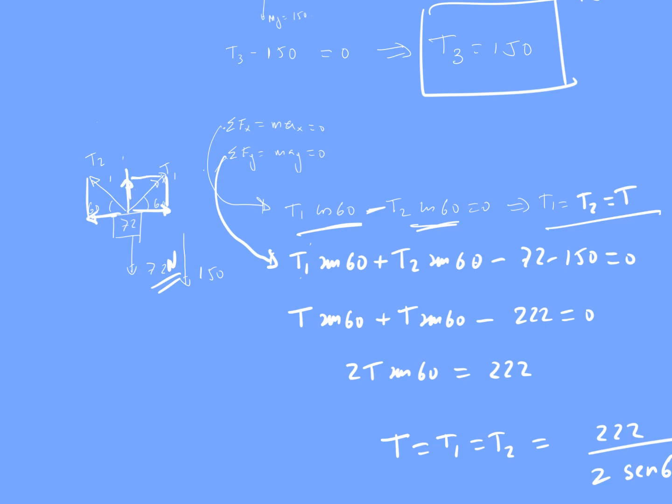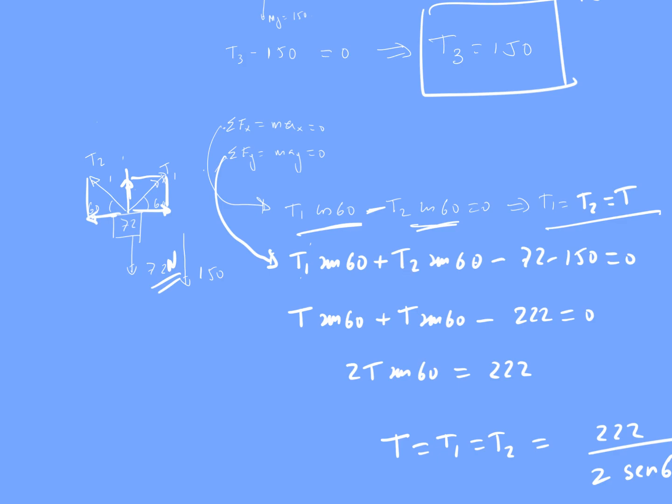The component of T1 is T1 sine of 60, and the component of T2 is T2 sine of 60. So T1 sine of 60 plus T2 sine of 60 minus the forces going downwards, 72 and 150, equals 0, because there is no acceleration in the y direction.